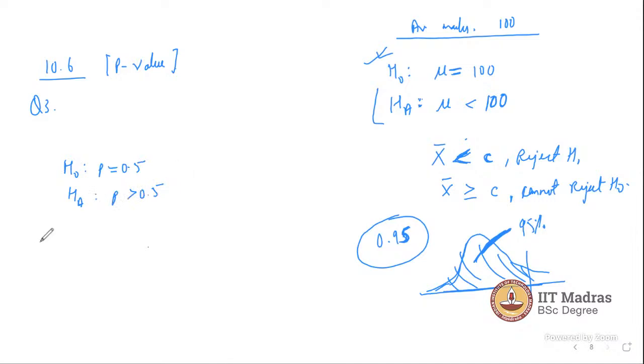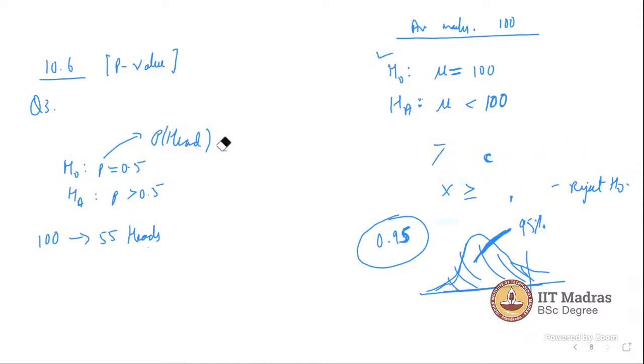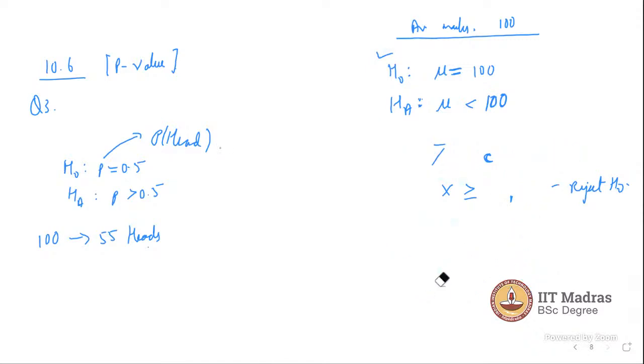And what is P here? It is probability of occurrence of head, right? And we have to find the P value now. So what is P value? It is the lowest level of significance at which you will reject your null hypothesis.